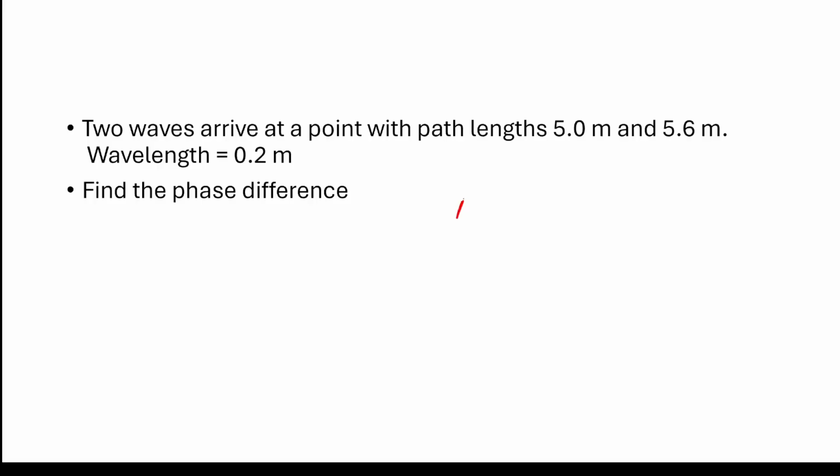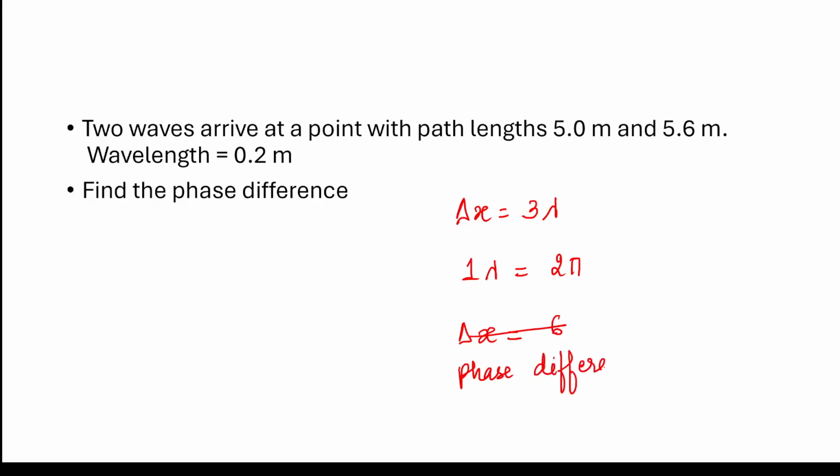If my path difference is 3 lambda and 1 lambda has a phase difference of 2 pi, then my phase difference is 6 pi. That's it.